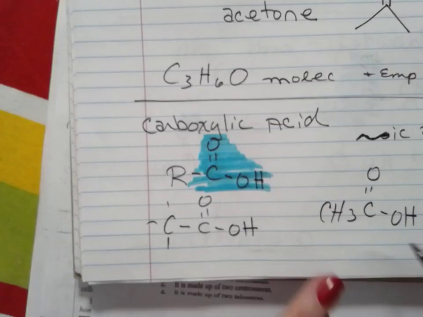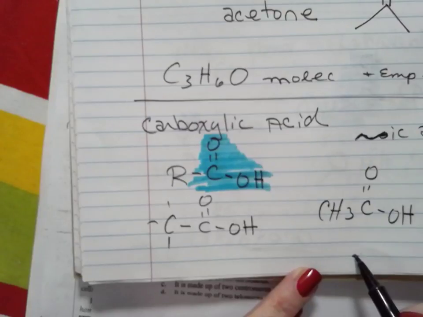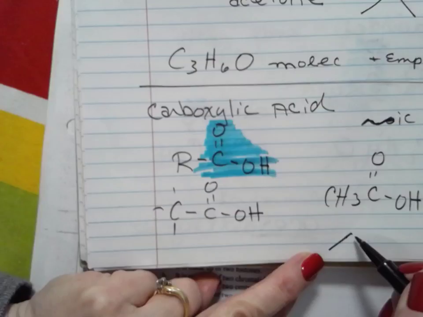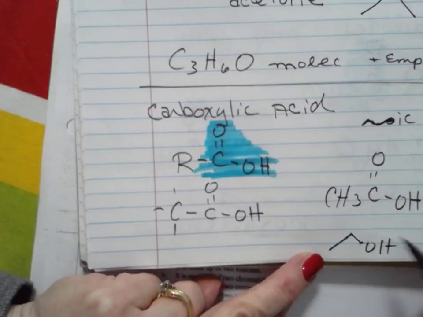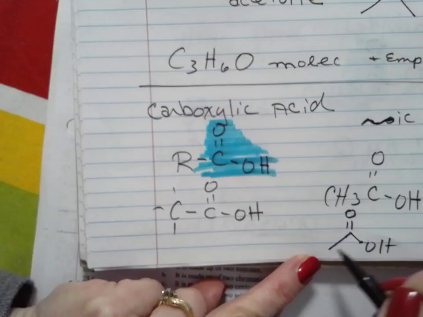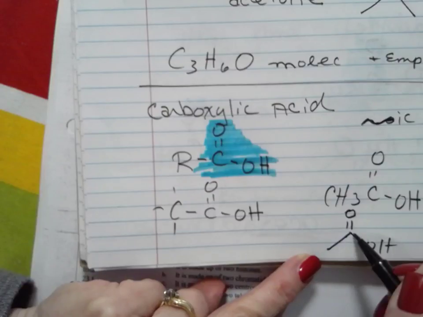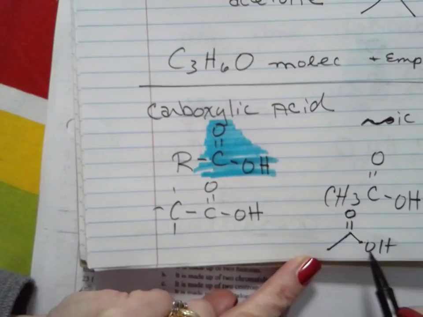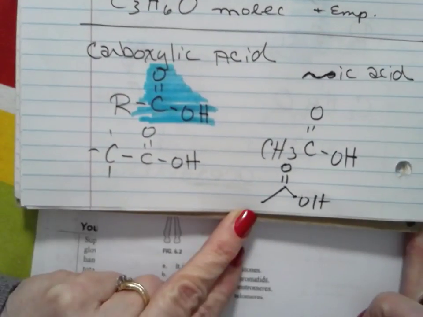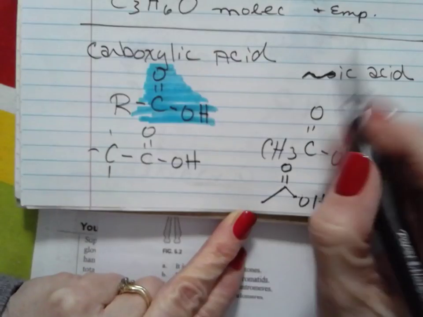If we draw a line structure for acetic acid, we've got a carbon here, double bonded to an oxygen and the OH. Okay, this one is acetic acid.